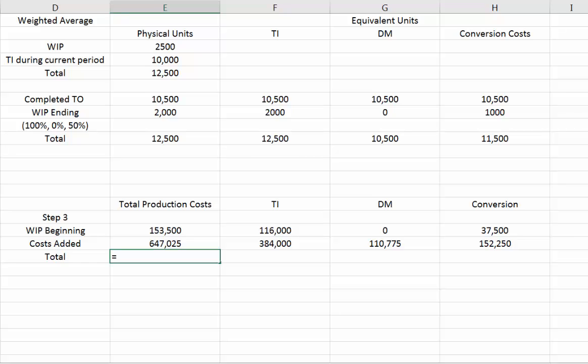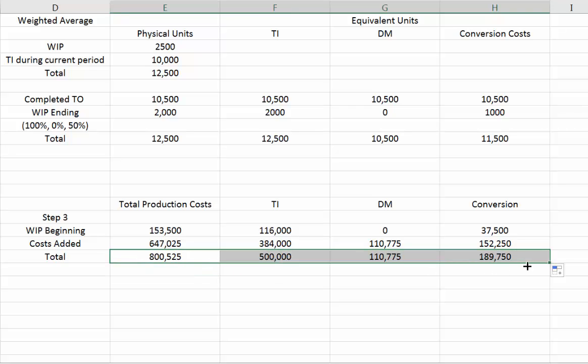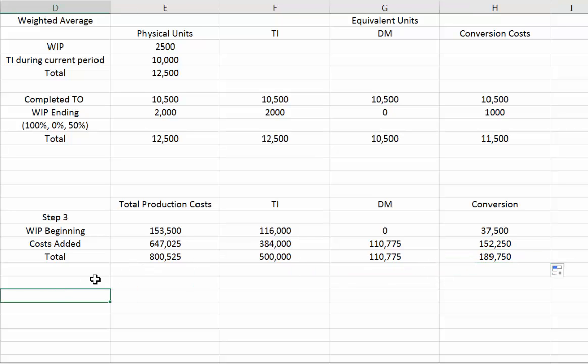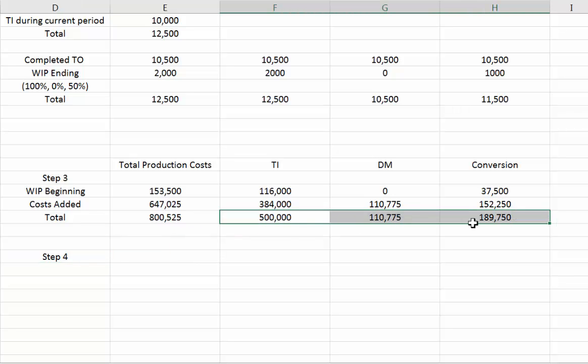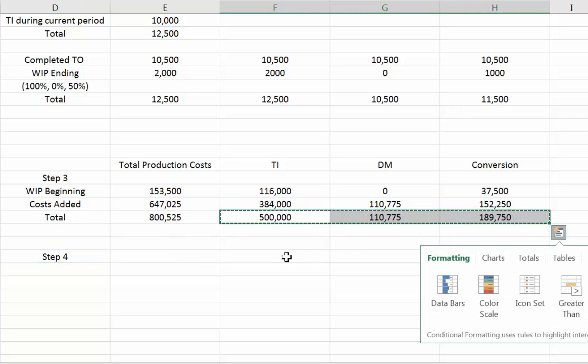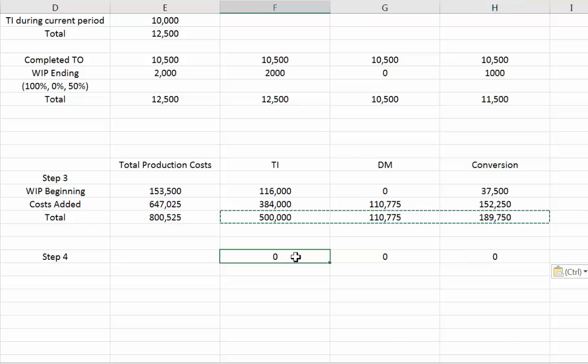Okay, I think I can drag and push to find all these numbers. Perfect. Okay, so that's about step 3. Now step 4, we'll talk about the unit cost. Okay, unit cost. So all the costs up to date are these numbers. Okay, so we're gonna copy down all these numbers. Sorry, I'm gonna just write down these numbers.